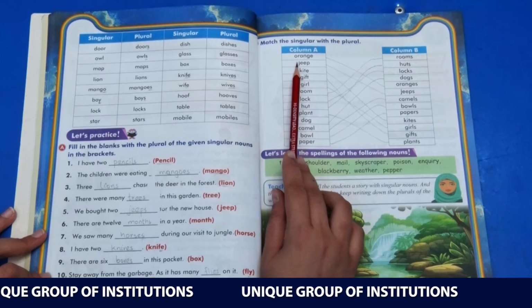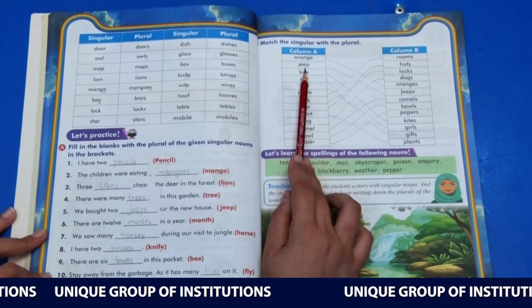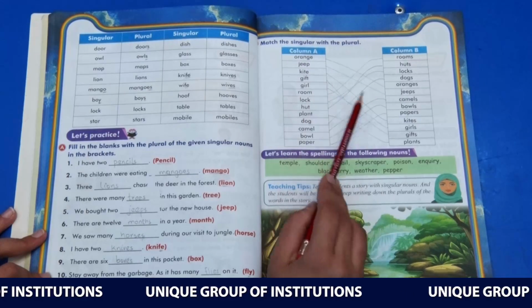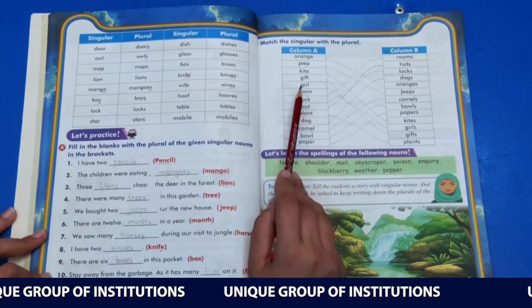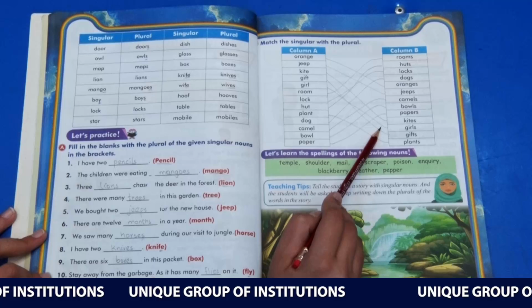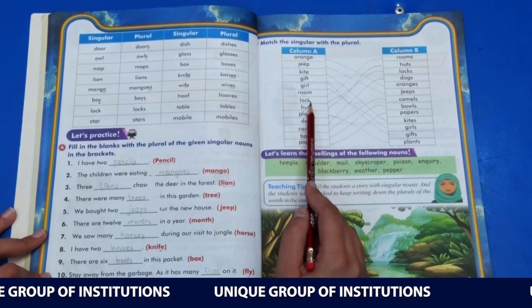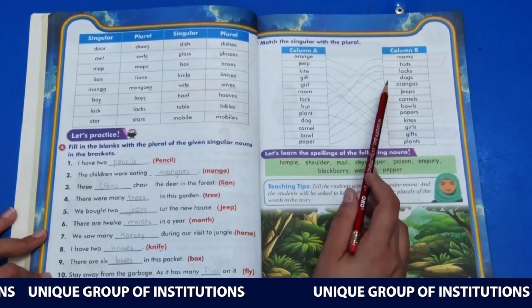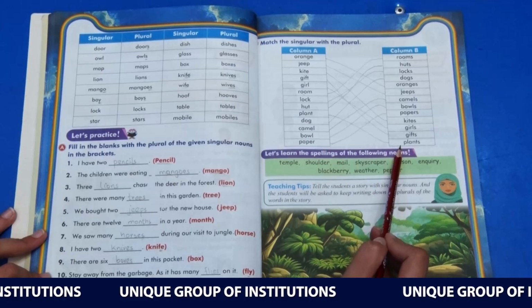Okay. The first one is orange. The plural is oranges. Jeep, jeeps. Kite, kites. Gift, gifts. Girl, girls. Room, rooms. Lock, locks. Hurt, hurts. Plant, plants.